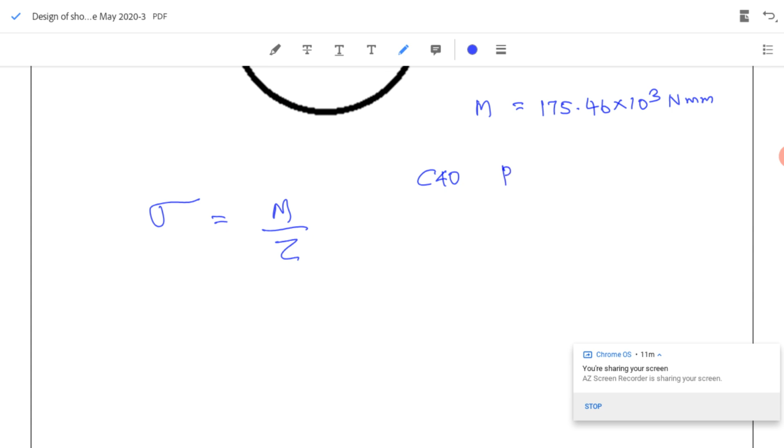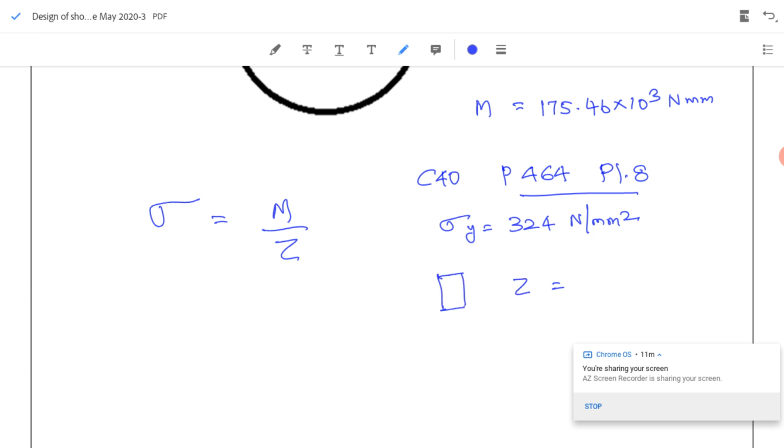From page 464, table 1.8, you have to learn these page numbers by heart. Sigma y equal to 324 Newton per millimeter square. And for a rectangular section, Z equal to BD square by 6.